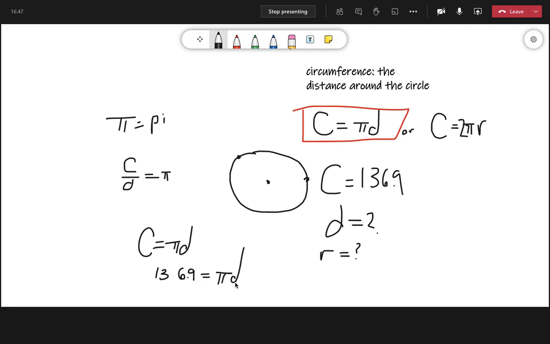Well, I need to figure out what the diameter is, so I'm going to have to divide both sides by pi. You can either do this on your calculator, or you can change this number to 3.14. I don't care which one you use, as long as it's an approximate answer. So we're going to do 136.9 divided by pi. If you type that into your calculator, or if you want to, 3.14.